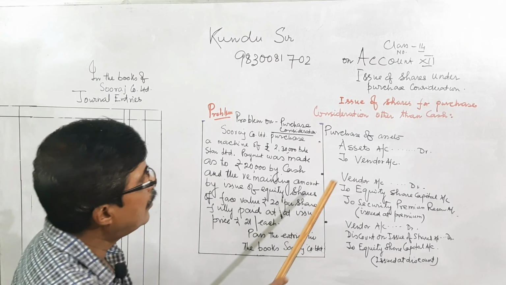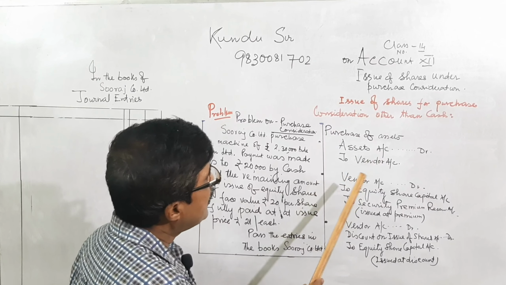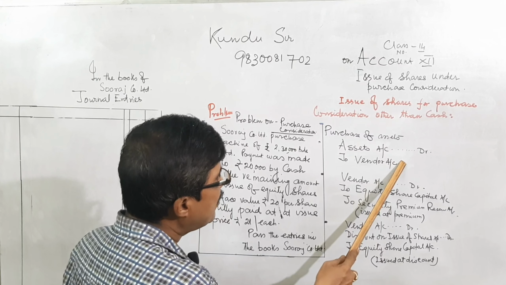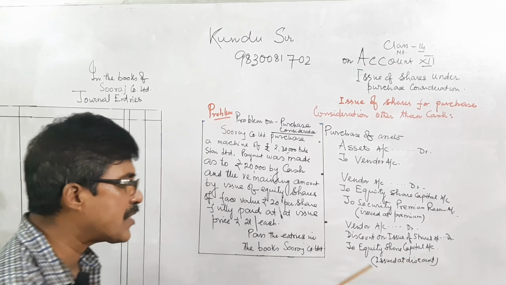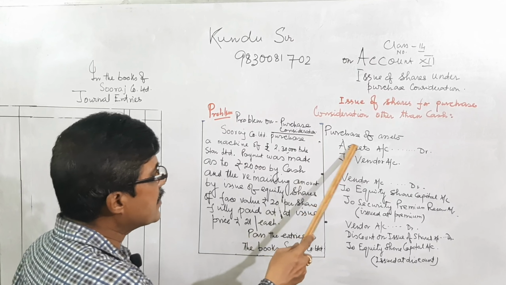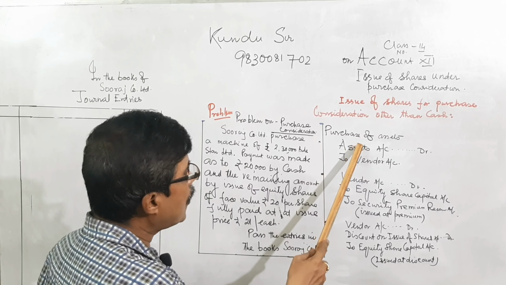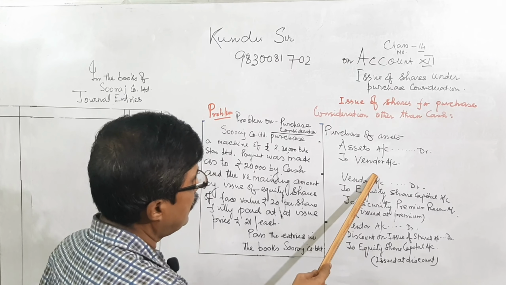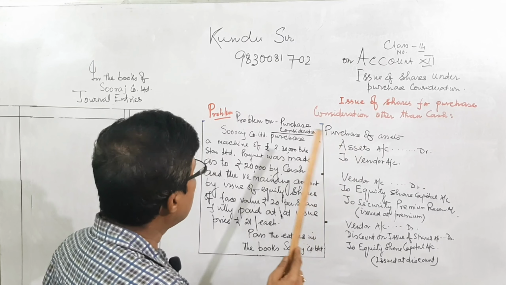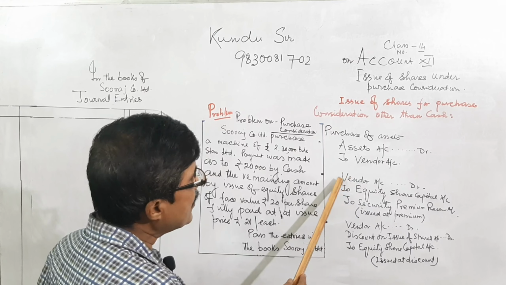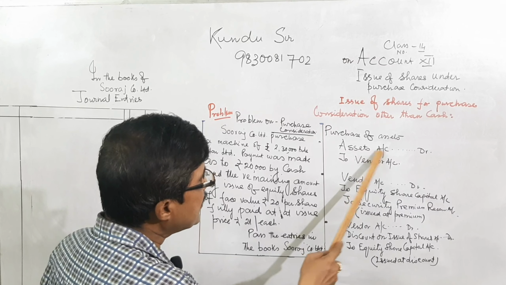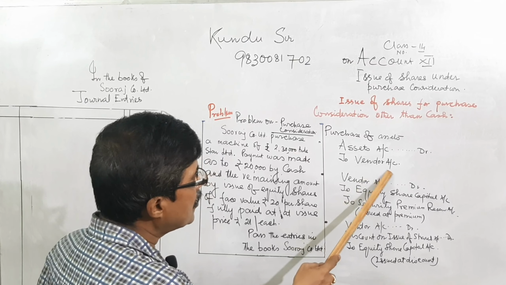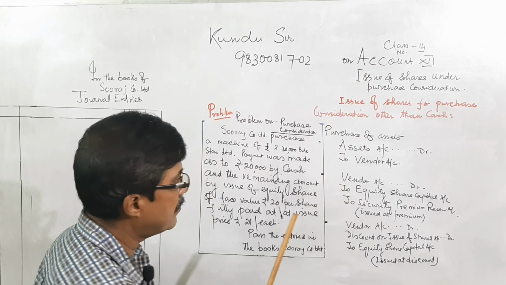As and when the company is purchasing an asset, the entry will be assets account debit, or it may be 2-3 assets, various assets, maybe plant or machinery or others, account debit to vendor account. Suppose we are purchasing a machine of 25 lakhs, the asset account will be debited by 25 lakhs and the vendor's account is to be credited by 25 lakhs.